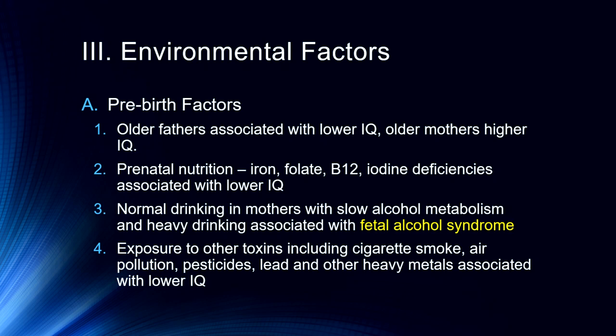Lead and other heavy metals, in particular mercury, are one of the reasons why pregnant mothers are told to avoid certain fish. In particular, tuna and swordfish, top of the chain fish, are often problematic for that heavy metal exposure.